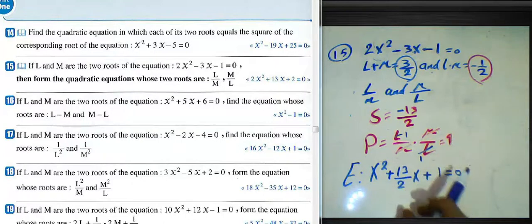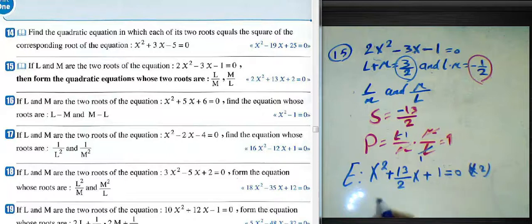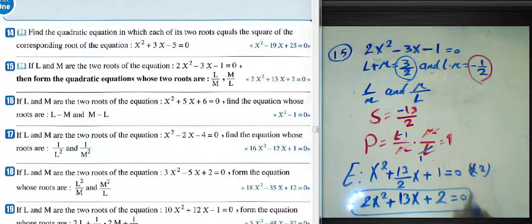We want whole numbers, not a fraction equation. So we multiply by 2 to cancel 2 in the denominator: 2x power 2, plus 2 divided by 2 equals 1, 1 times 13 equals 13x, plus 2 times 1 equals 2, equals 0. The equation is 2x power 2 plus 13x plus 2 equals 0.